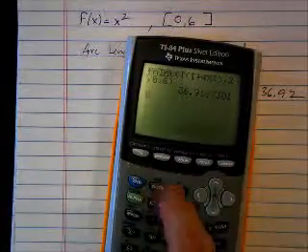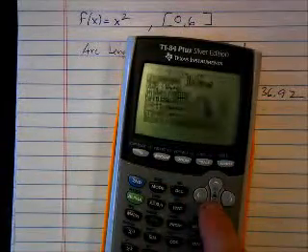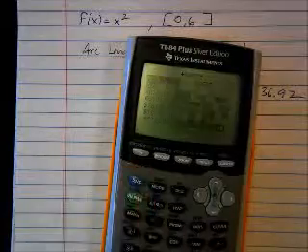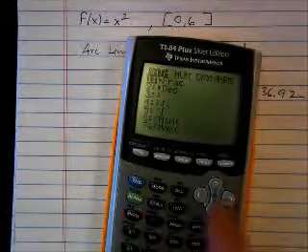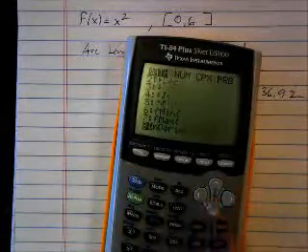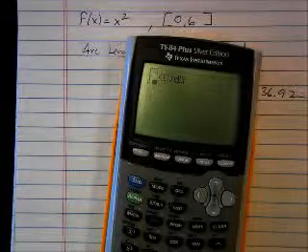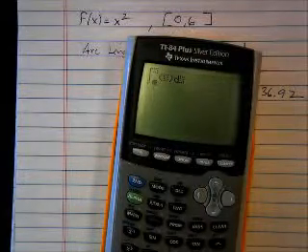If you have a newer calculator, it's actually much nicer. You go math, you go down to this FNINT thing, and it looks just like the integrals that you're used to seeing.